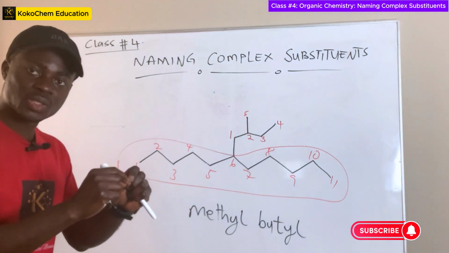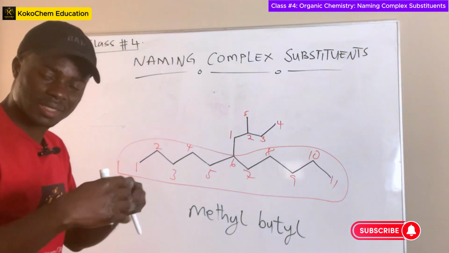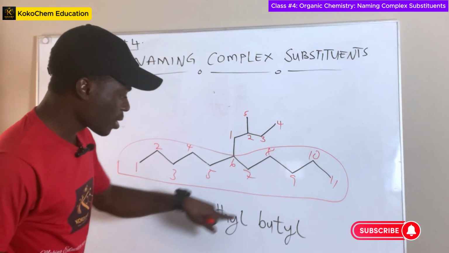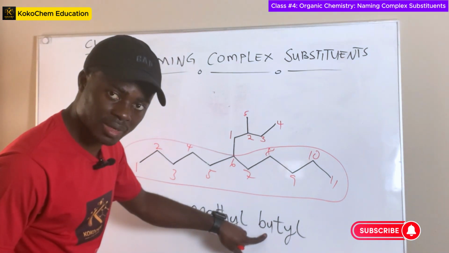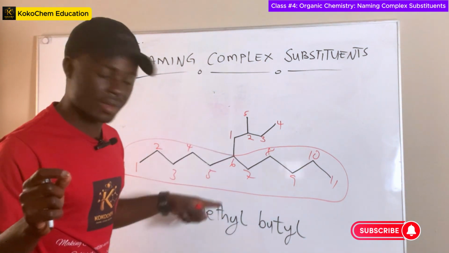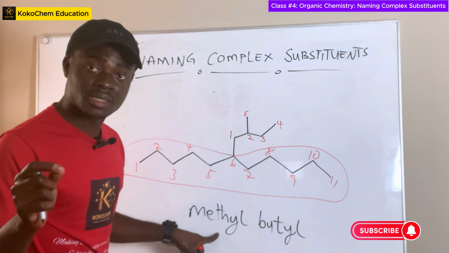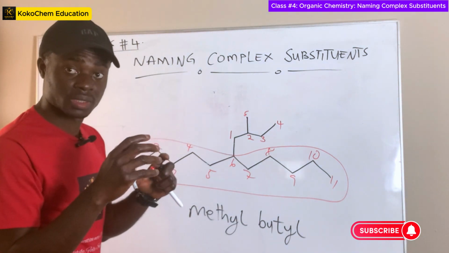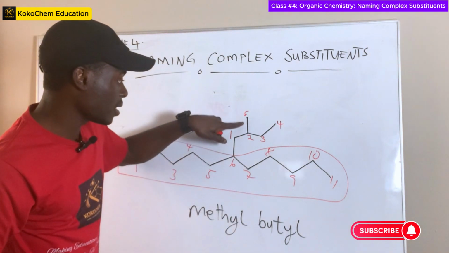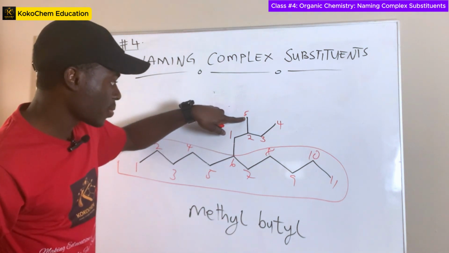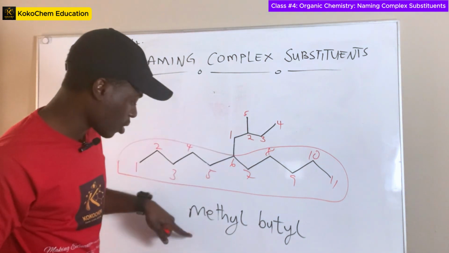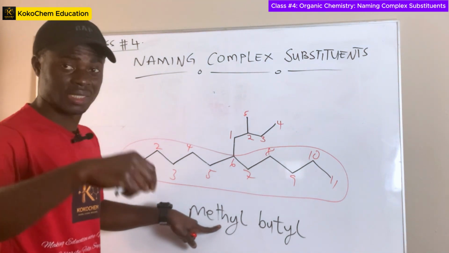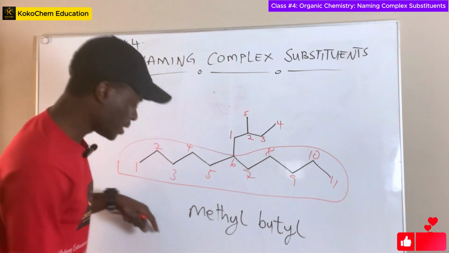So it be a substituent wey dey on a substituent. So you check like it be a little bit hard, but it no be hard there. So it will be methyl on top of butyl. So for us to make the differentiation, so we go know how we go name the whole complex substituent. You forecast say the carbon number 5 wey dey carbon position 2 on top of it, it be methyl, but the methyl get a position wey it dey position 2.